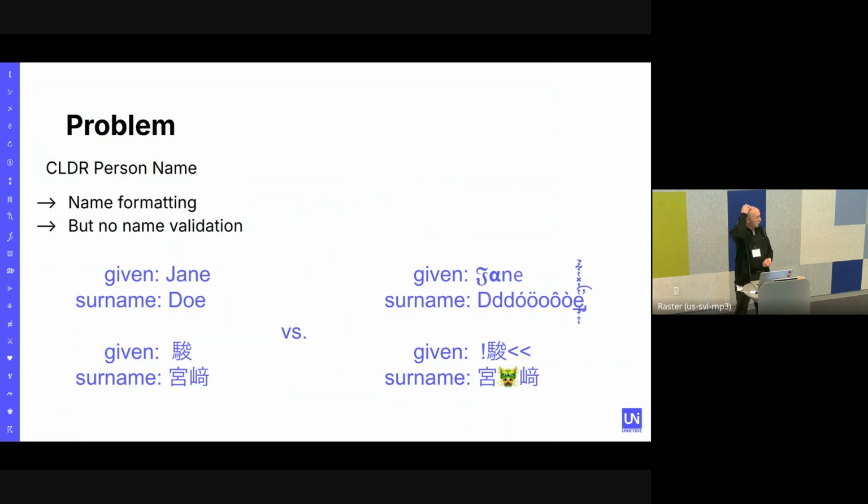So for the developer, that isn't terribly useful if they want to have some confidence in the information that they're getting in. So what ultimately the application developer, or whoever's actually creating the data, wants to see is what you have on the left side, Jane Doe or Hayao Miyazaki, as opposed to multiple fonts, characters all over the place.